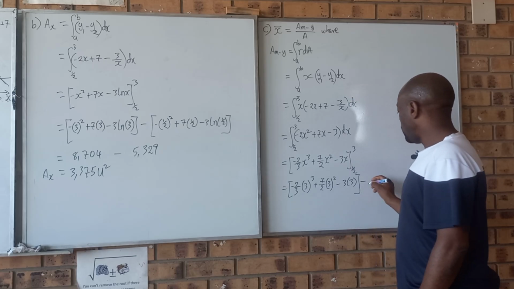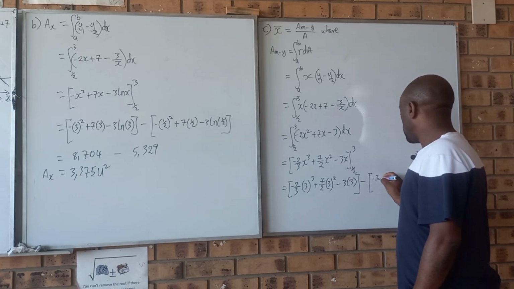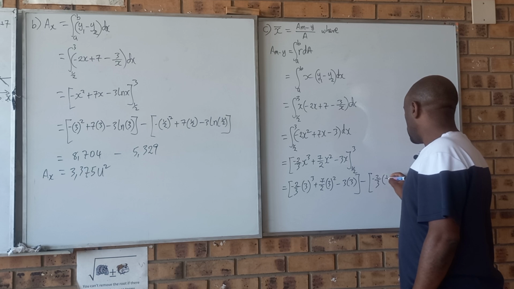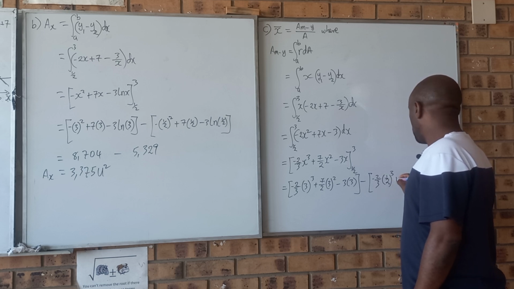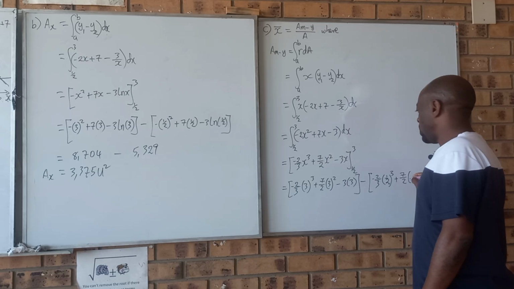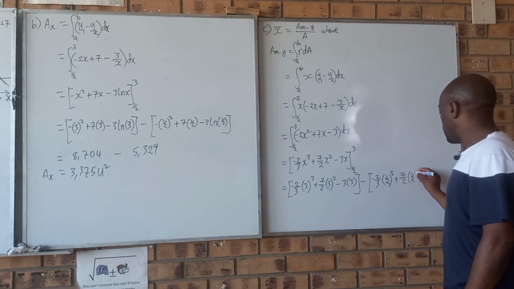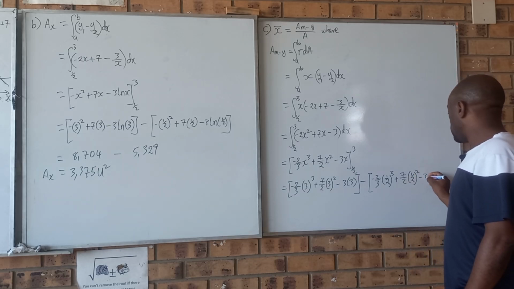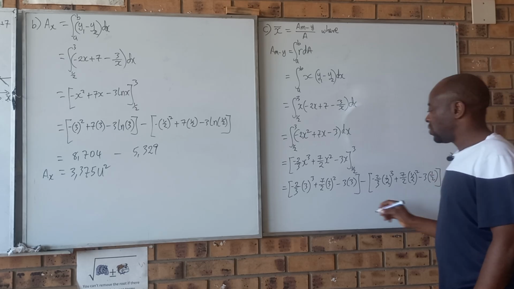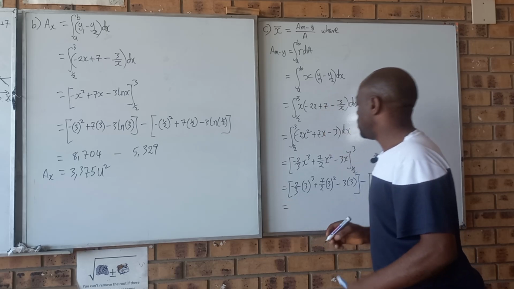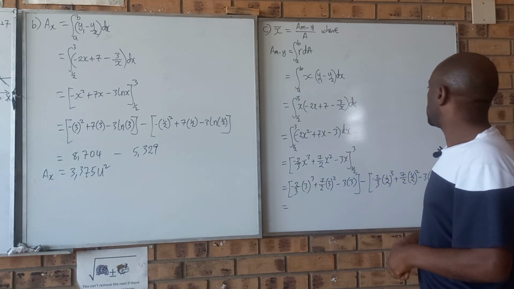Then for the lower limit, we get negative 2 over 3 into a half cubed plus 7 over 2 into a half squared minus 3 into a half.